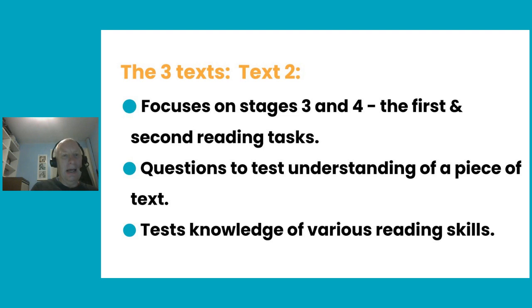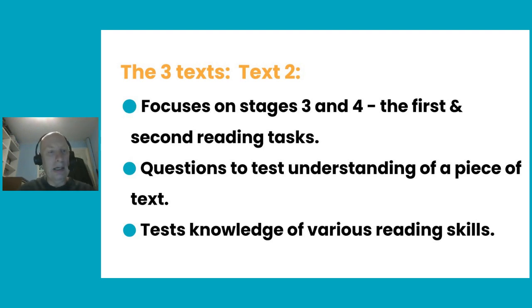The second text is an upper intermediate text, and that, of course, affects the language that you will use. The second text is called The European Honeybee. It's an interesting text, actually, quite scary, about the environmental consequences of a loss of the European honeybee. What we need to look at here is the way that this focuses on stages 3 and 4.